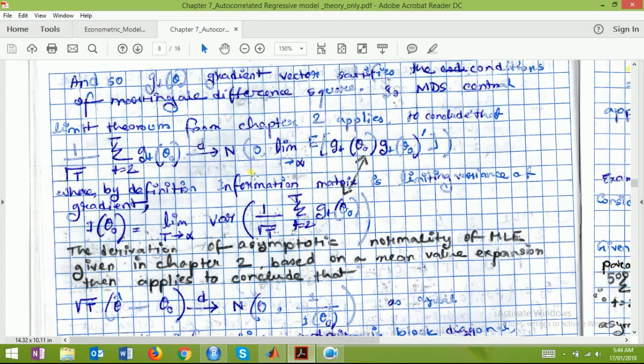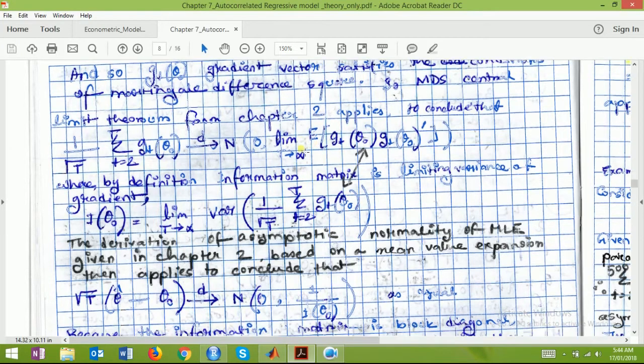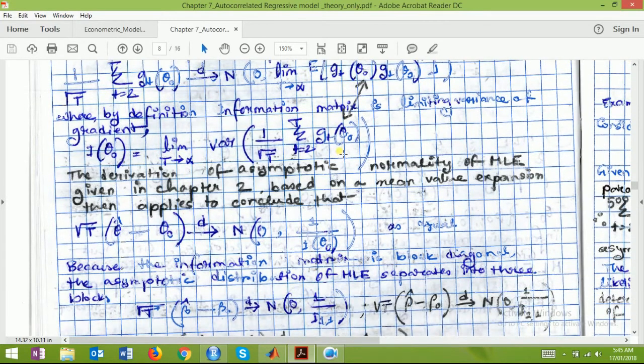What we try to prove here is that gradient g t theta vector satisfy the conditions of martingale difference square. So root t theta hat minus theta 1, okay.